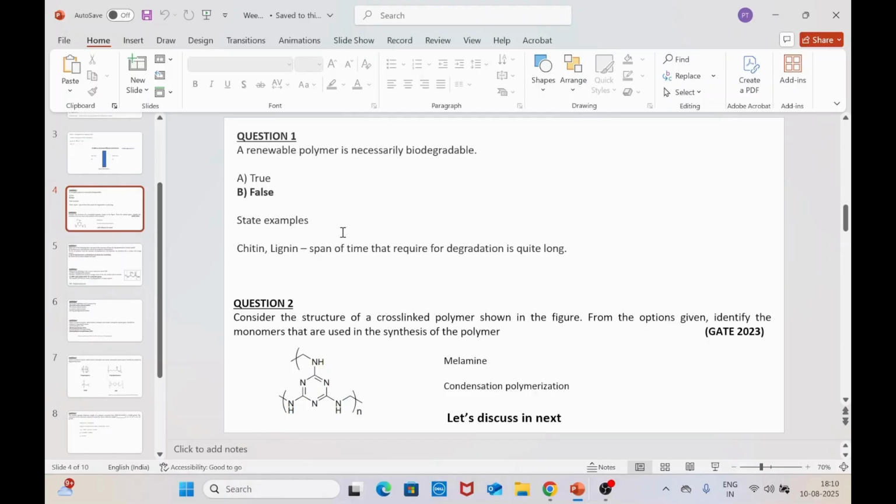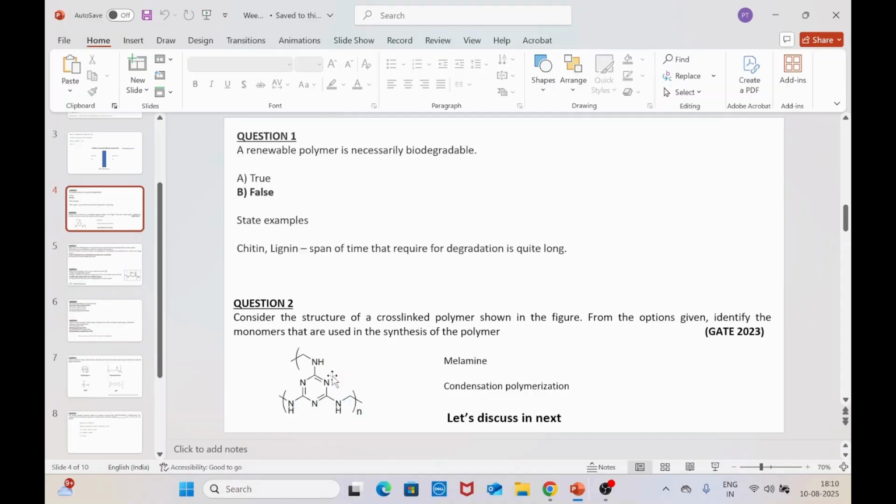Melamine typically has a structure of a ring with three nitrogen atoms, a heteroatom ring, with NH groups attached at the 1, 3 and 5 positions. So that is the structure of melamine.